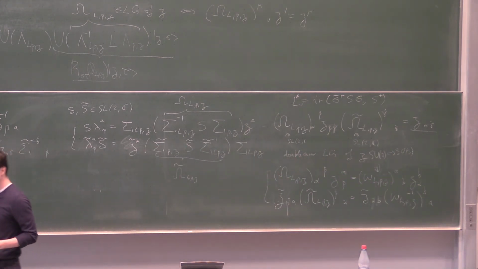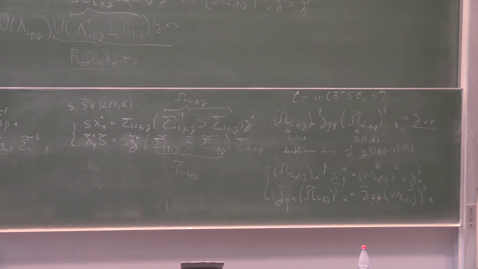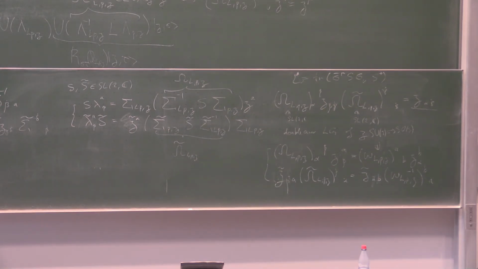So as the first exercise, I invite you to show that for any omega in SU2, omega AB, if indices here work like this, then this, which I define to be Levi-Civitas acting twice, lowering and raising the little group indices, is actually that.